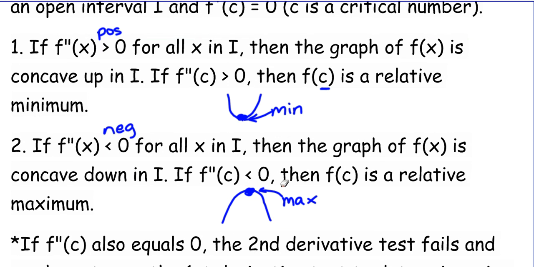We think positive, up, increasing, max, but just in my experience, the easiest thing to do is just think about a parabola. If it's concave up, it's like a cup, it holds that water, then you got a minimum. If it's concave down, it looks like a frown, then it has that maximum up at the top.